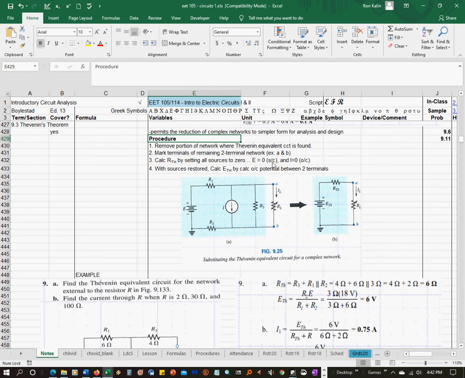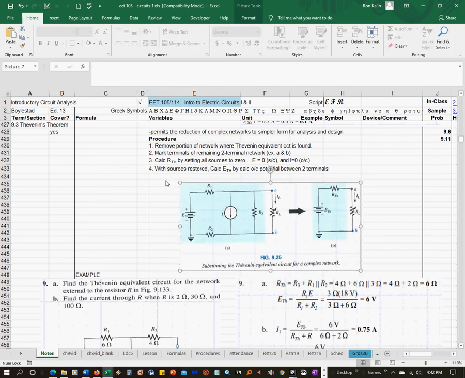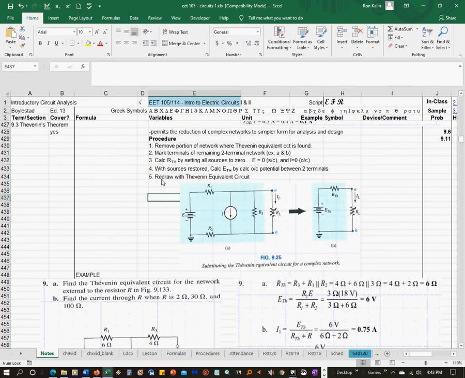E equals 0 is a short circuit, I equals 0 is an open circuit. 4, with sources restored, calculate E Thevenin by calculating the open circuit potential between the two terminals. And actually there's a step 5 in here, which is redraw with the Thevenin equivalent circuit.